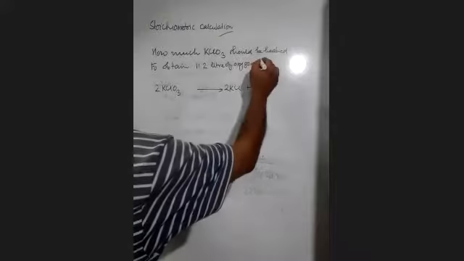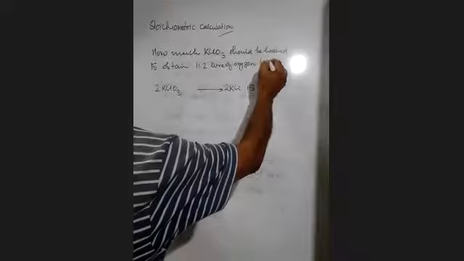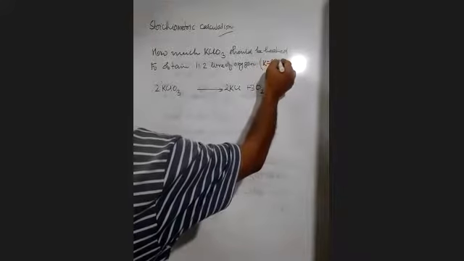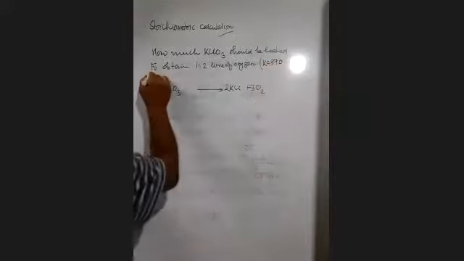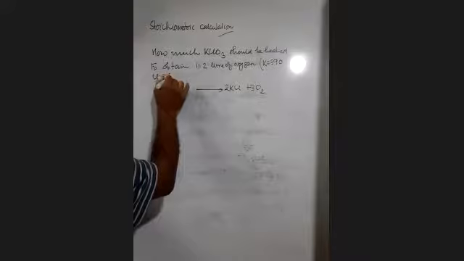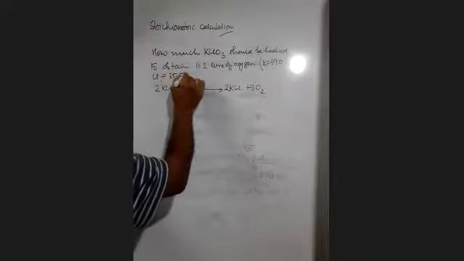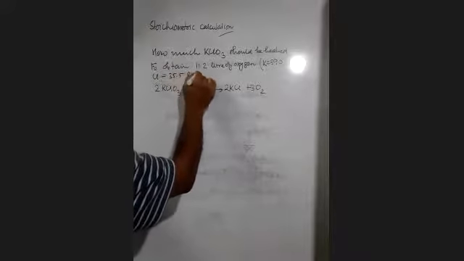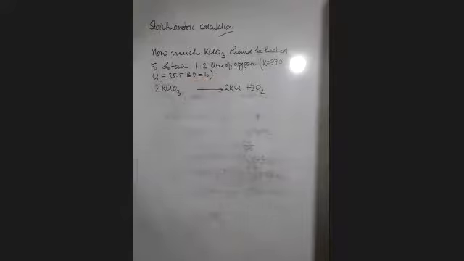Okay. So, here I should write potassium is 39. And chlorine, you know, is how much? 35.5. And oxygen is what? 16. So, please find out the mass of all these things.